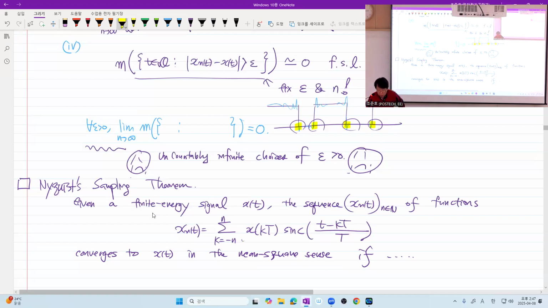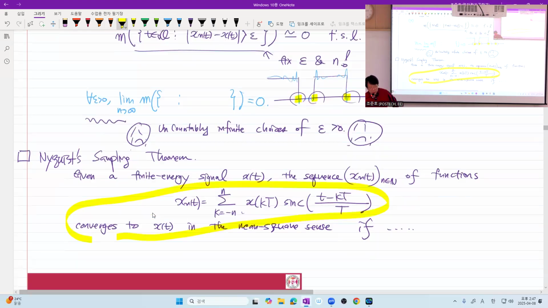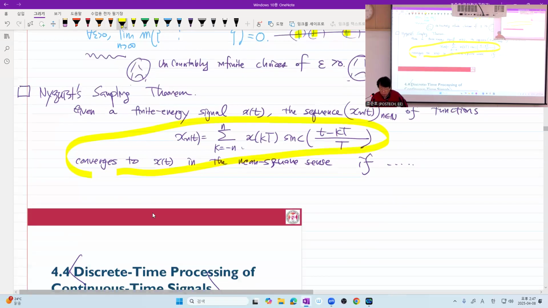let's focus on what this means using the previous definition. So it's like this. We integrate over the entire interval, and here goes our original signal to be sampled, and here goes our approximated interpolated function.